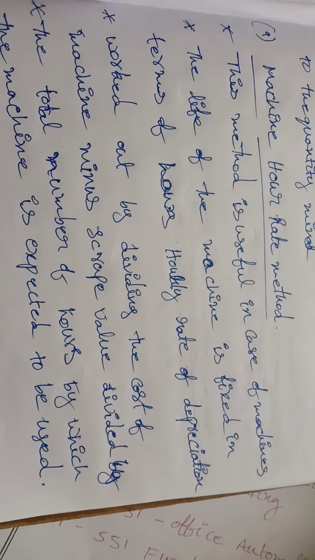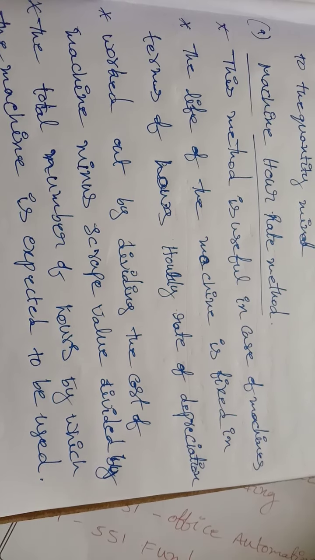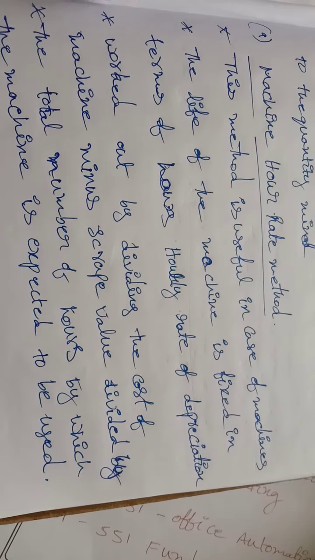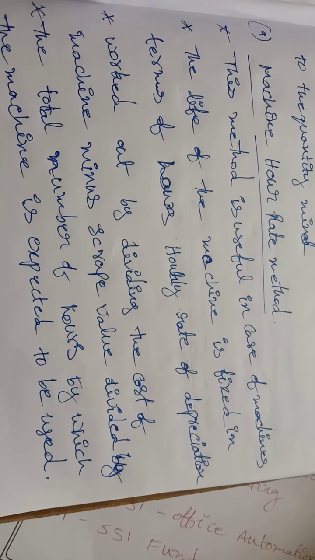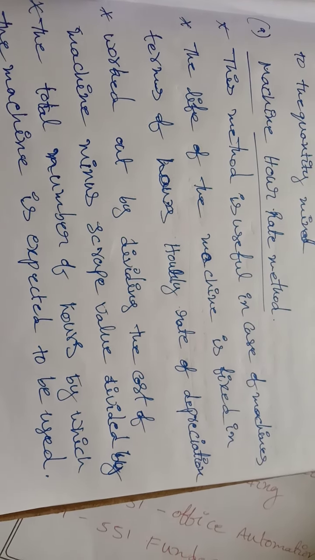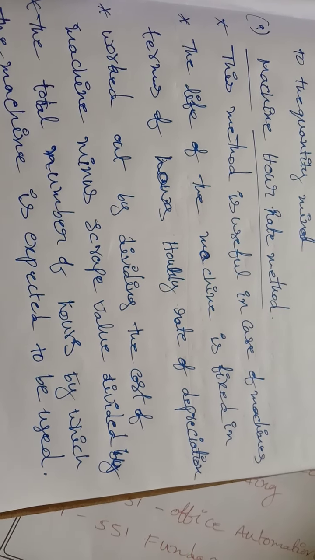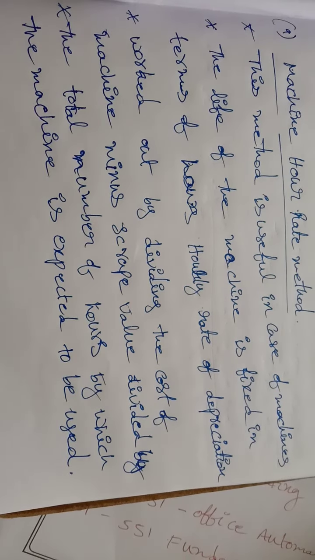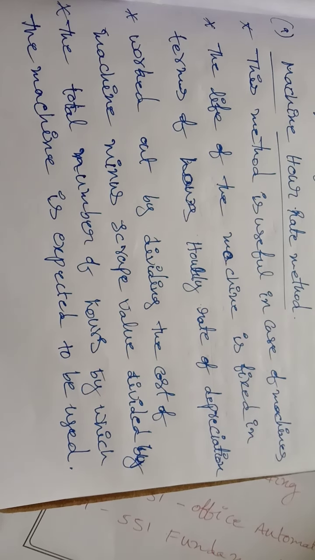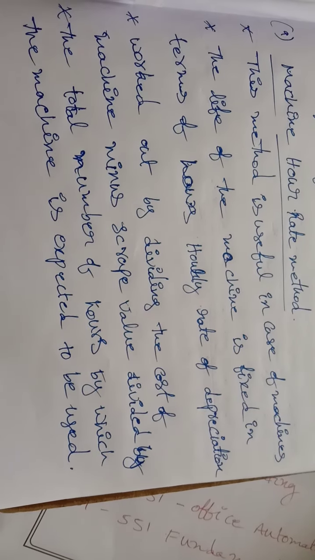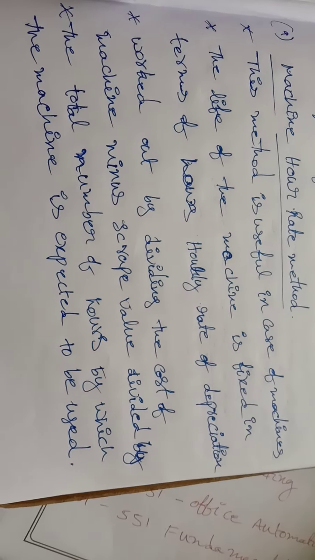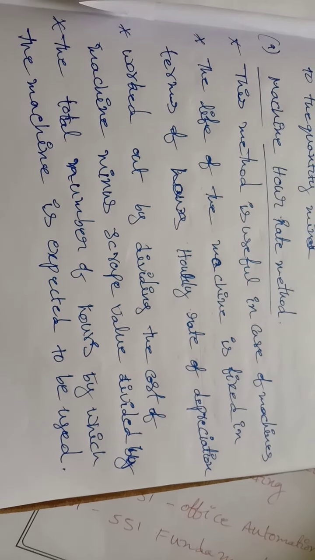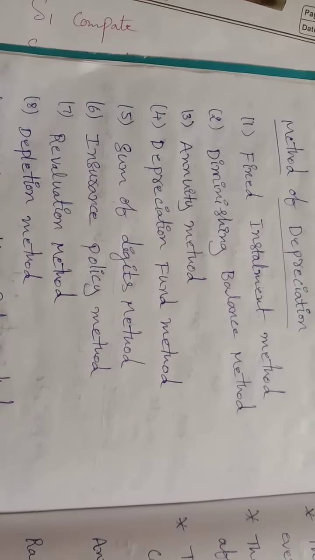The hourly rate of depreciation is worked out by dividing the cost of the machine minus scrap value by the total number of hours for which the machine is expected to be used. These are called machine hour rate method.